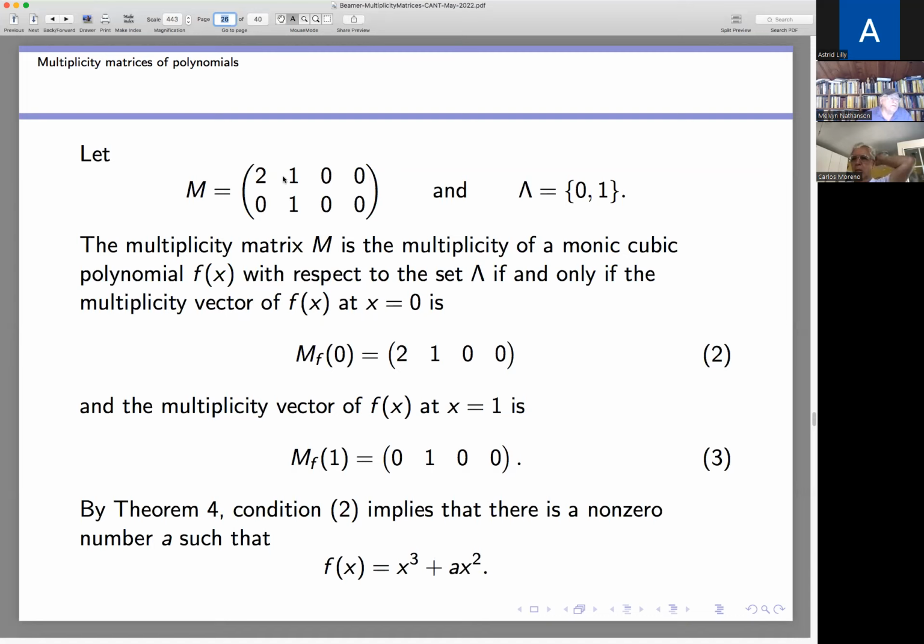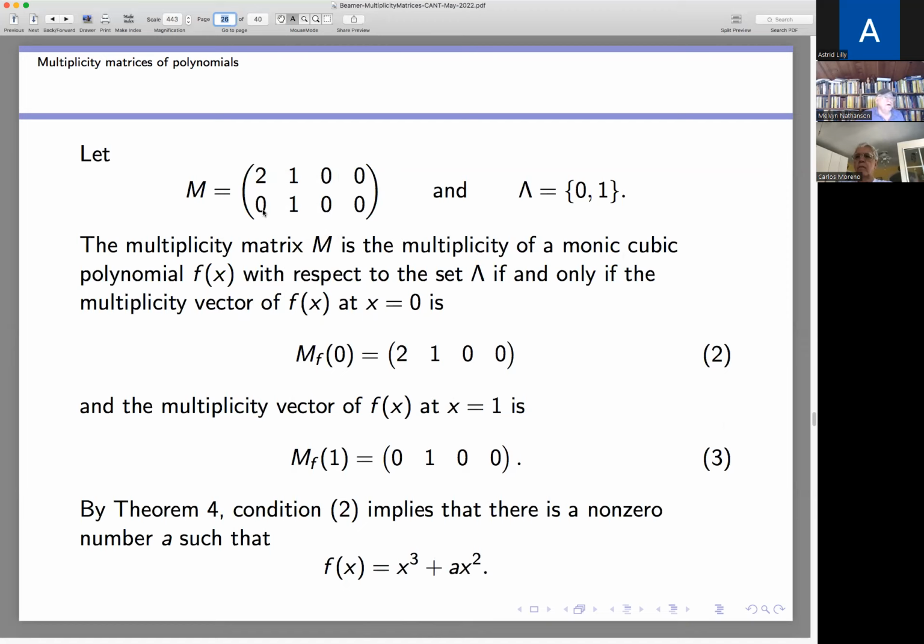So the first row is 2, 1, 0, 0. Any cubic polynomial which has this as its multiplicity vector at 0 must be of the form x cubed plus ax squared, with some a. But we also have the second row. This is the multiplicity vector of lambda equals 1. And there's a simple root for the first derivative.